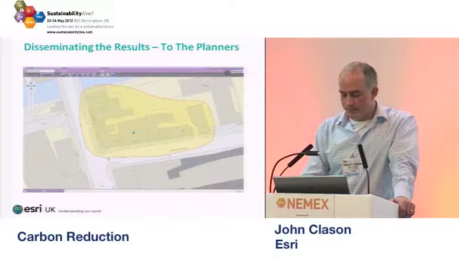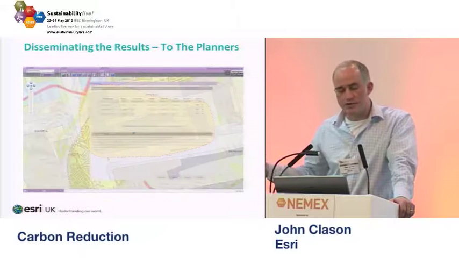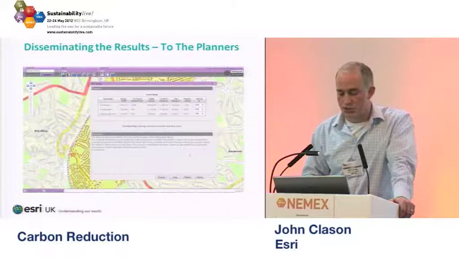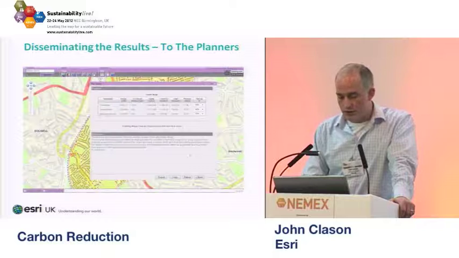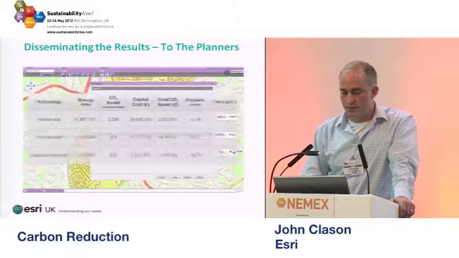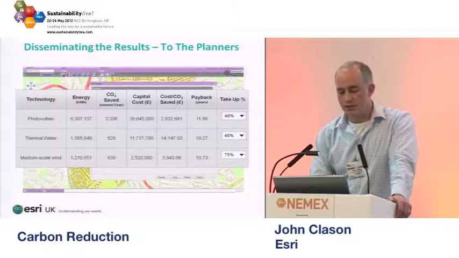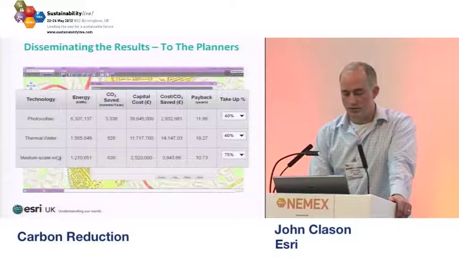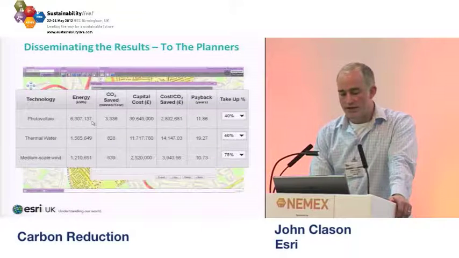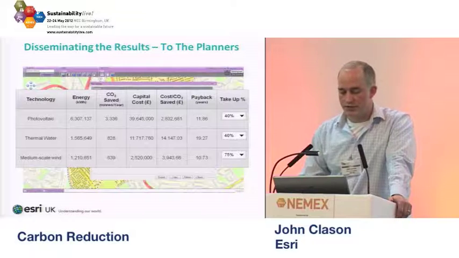Once you've selected them, it then goes off and queries the information in the background to give you a summary report. The sorts of things it will show are summed up for all those properties in that area: what's the potential around photovoltaic, thermal water, medium-scale wind? What's the energy that might be saved, therefore the CO2?